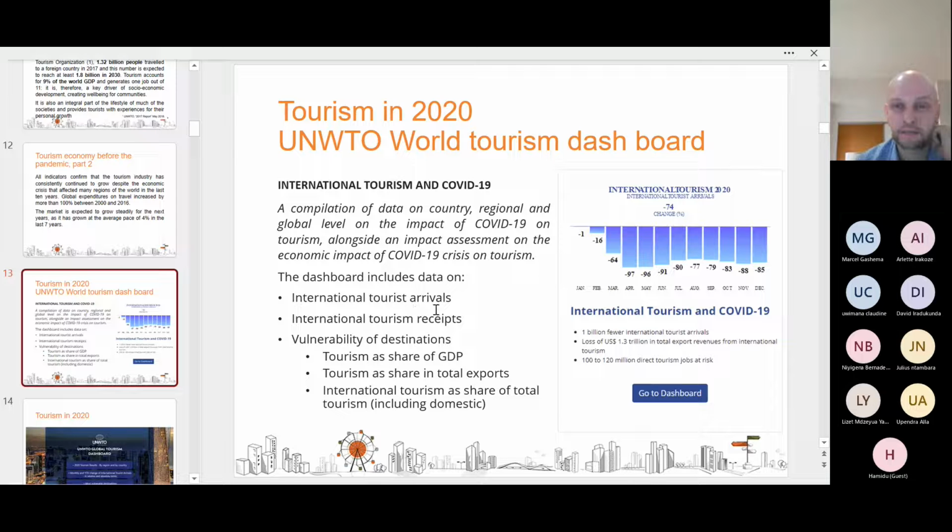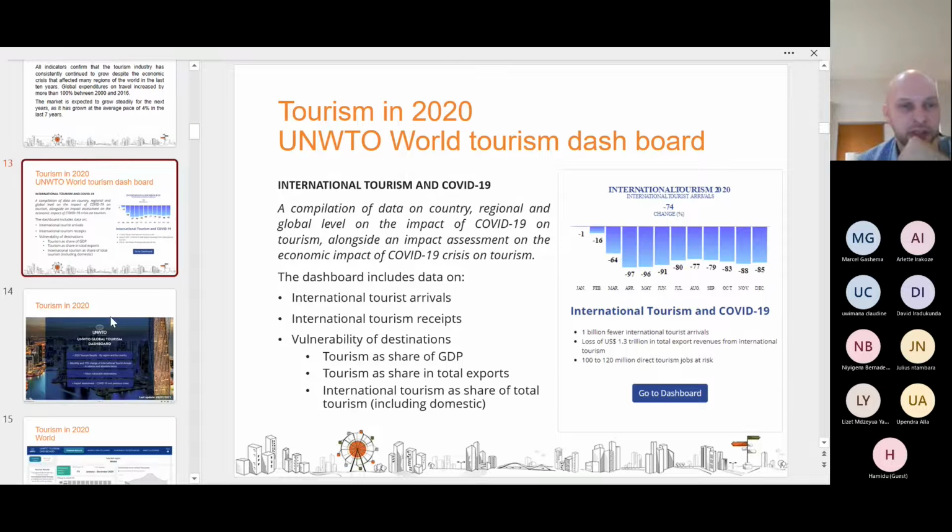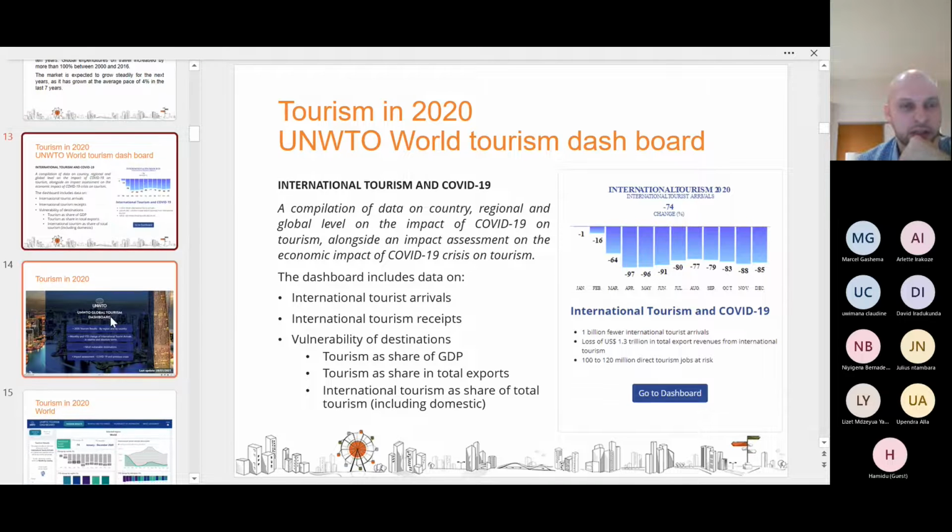Actually, I downloaded this information in 2021, and we can visit the official website to see the updates. A dashboard is a visual representation of the information from the tourism sector.